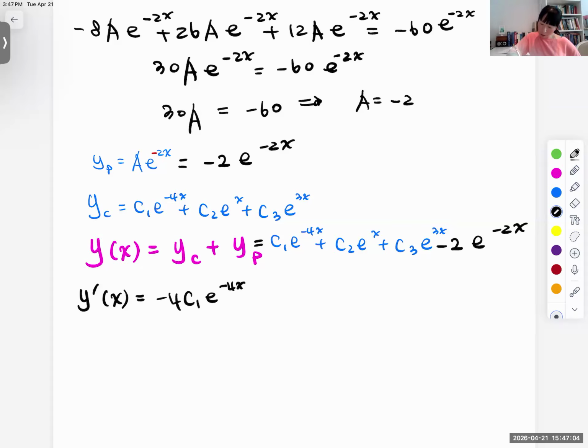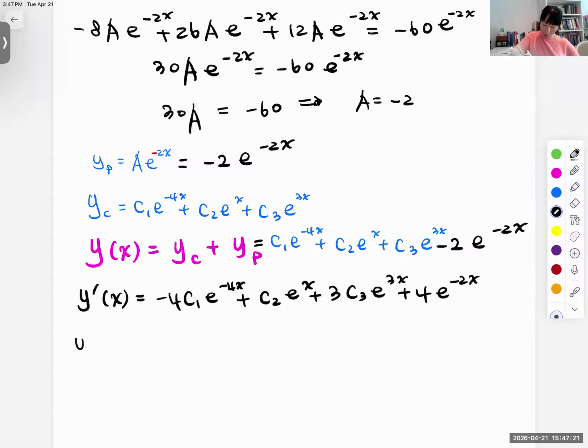Second term, C sub 2 e to the x, plus third term, 3 C sub 3 e to the 3x. Last term, positive 4 e to the negative 2x.